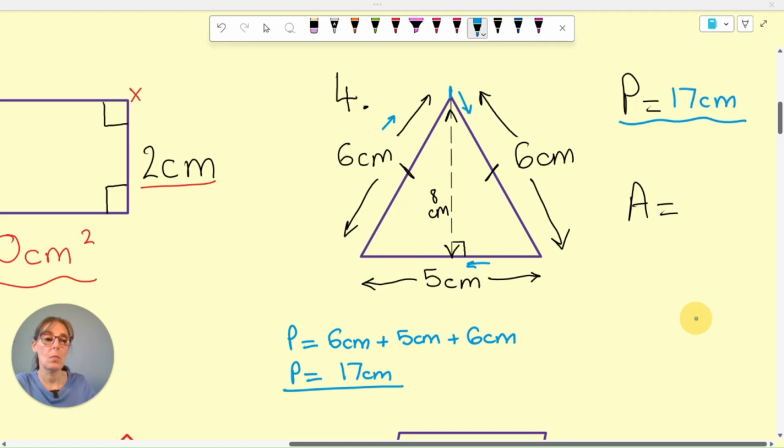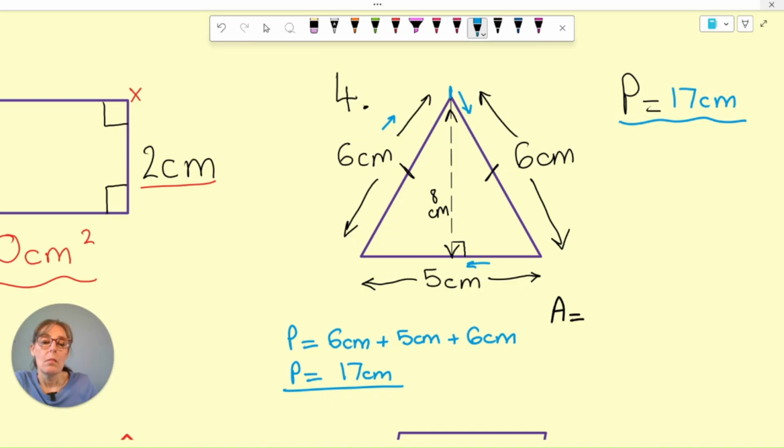Area, okay, what's the area going to be? All right, let's think. Well, a triangle is half of a rectangle, or a square, it's half of a quadrilateral. And we've got the height, haven't we?